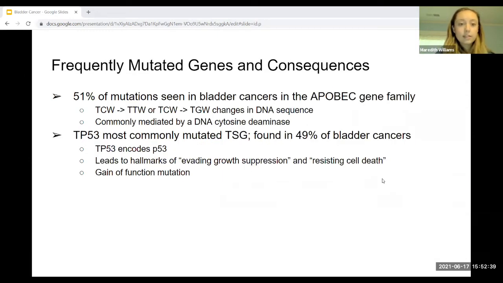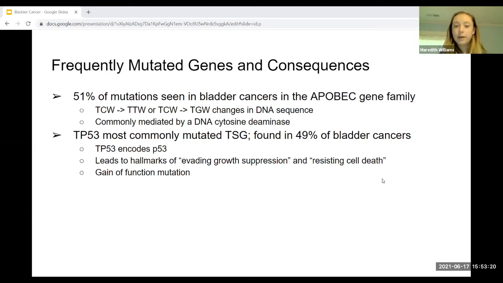Next, we have frequently mutated genes and consequences of them. 51% of mutations seen in bladder cancers are in the APOBEC gene family, and they're usually TCW to TTW or TCW to TGW changes in the DNA sequence, and this is commonly mediated by a DNA cytosine deaminase, an enzyme that catalyzes the deamination of cytosine in the DNA sequence.